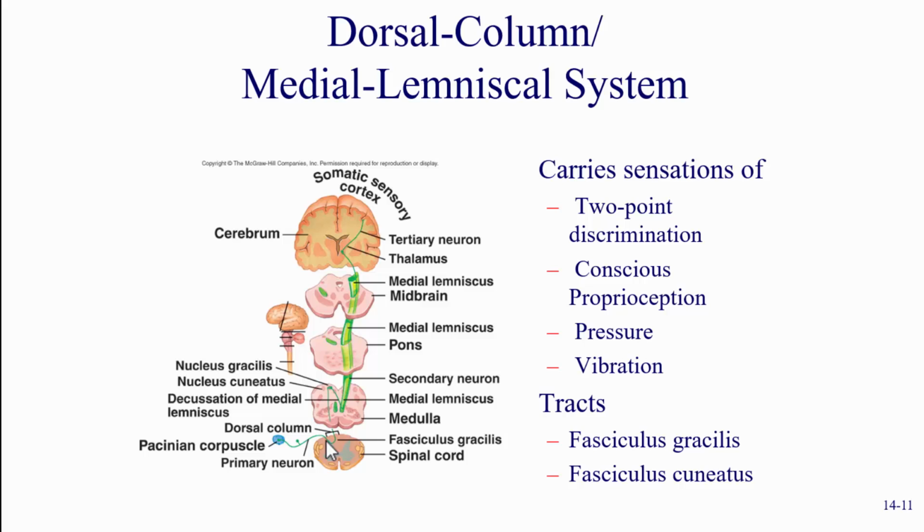And we have our primary neuron. It goes into the spinal cord. Now, this is interesting. It stays in the spinal cord until it gets up to this area around the medulla. And here's where we have the new connection. And you can see the nucleus gracilis here and the nucleus cuneatus.